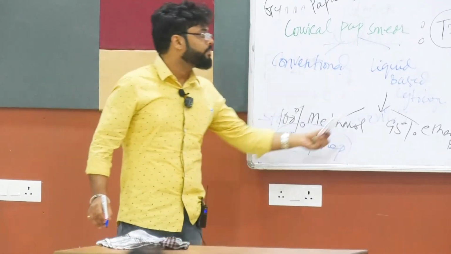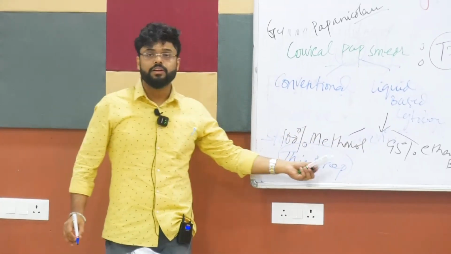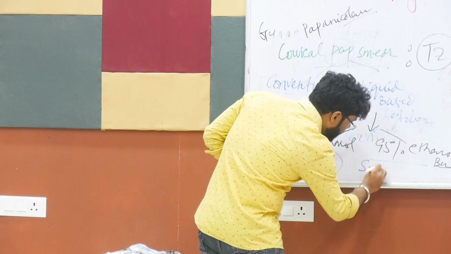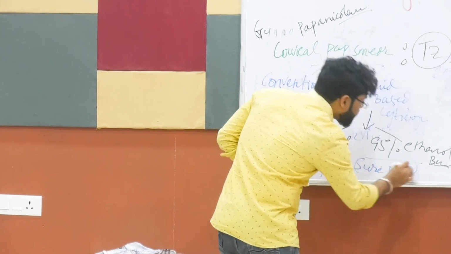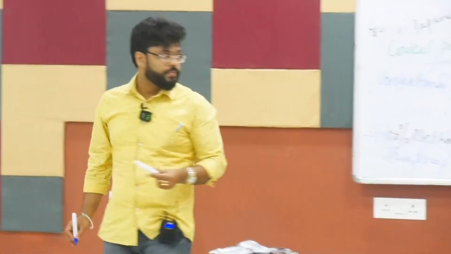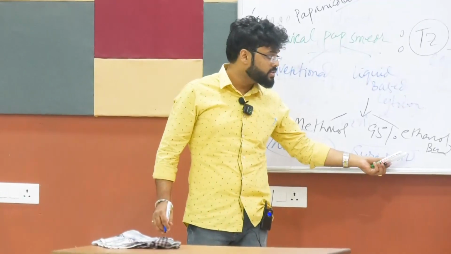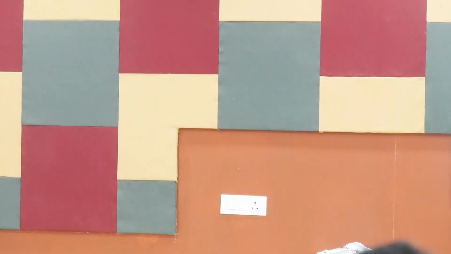But in case of sure path type of liquid based cytology, the fixative used is 95% ethanol. So 100% methanol is used in thin prep type of LBC, but in sure path type of LBC, 95% ethyl alcohol is used. Okay, you will remember.